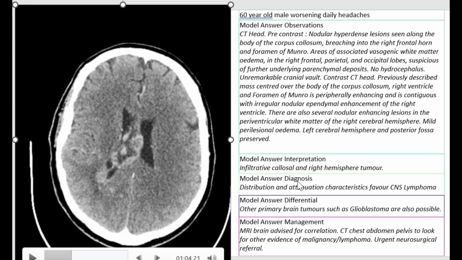The diagnosis, regarding the distribution of the lesion involving the corpus callosum, okay, along with the hyper attenuation on the pre-contrast CT scan and the post-contrast enhancement, the most likely diagnosis is CNS lymphoma. However, other primary brain tumors such as glioblastoma multiforme should be considered.